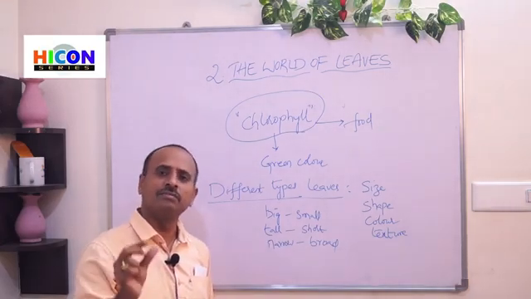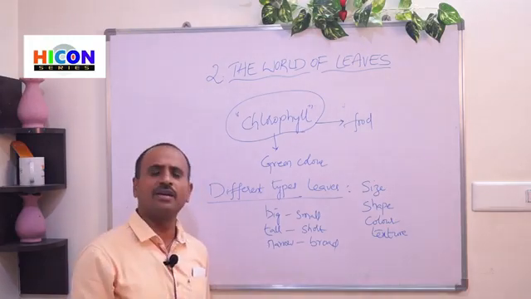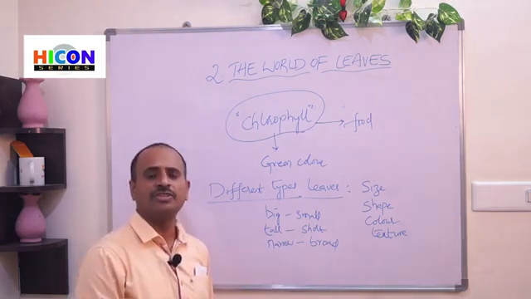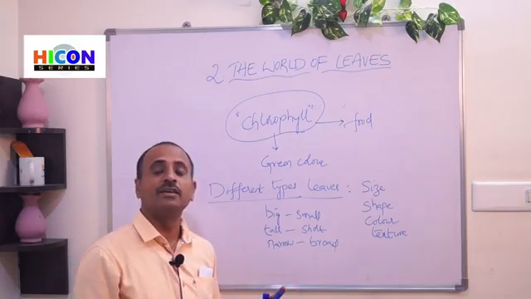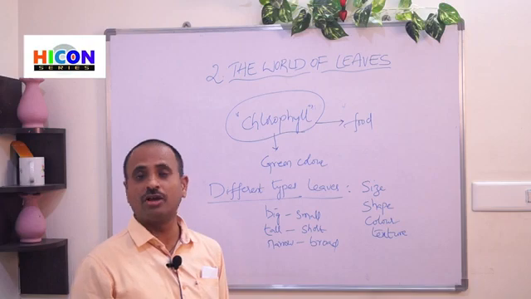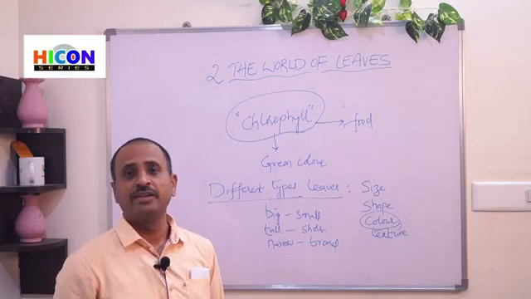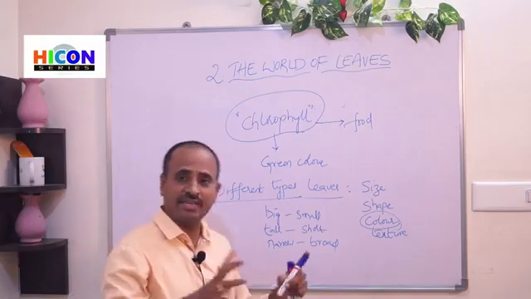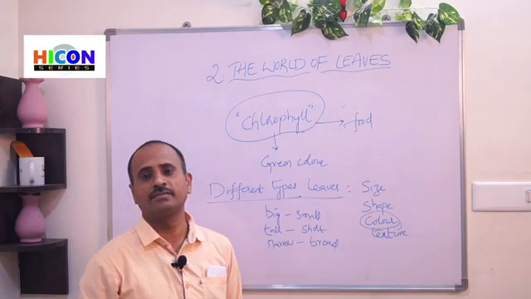In this way, some leaves are thin, some leaves are thick, some leaves are big and some are small, some are long and some are short, some are broad and some are narrow, and some leaves are green, some red, some yellow, and some white, etc. So in this way, different plants have different types of leaves, with different sizes and colors.